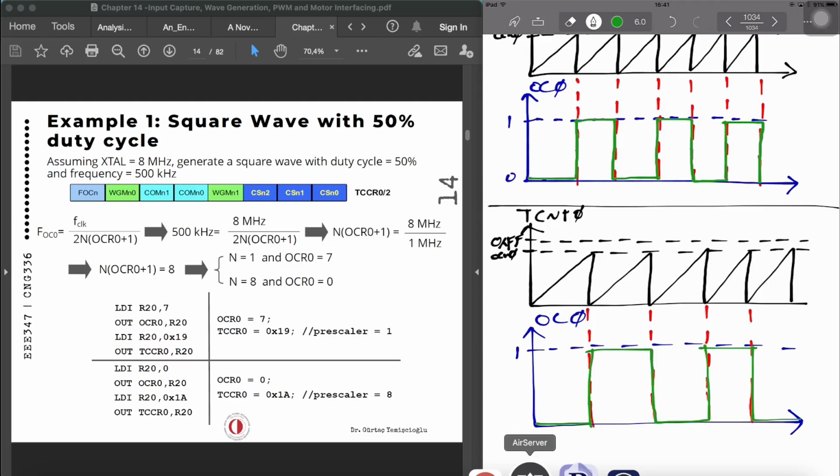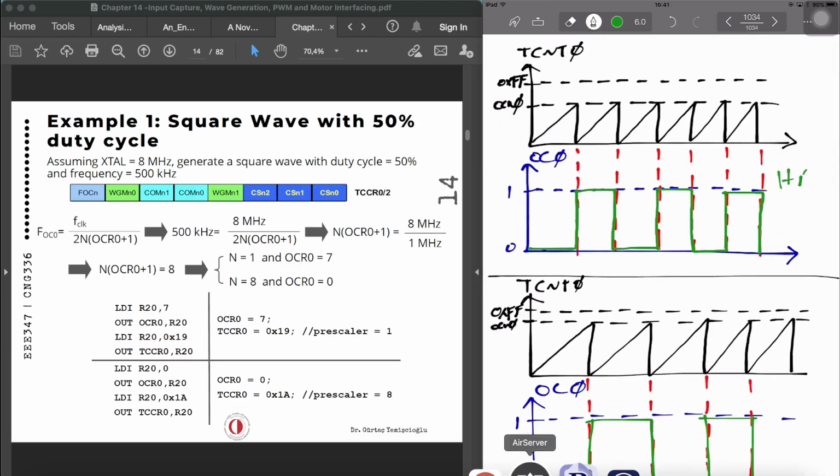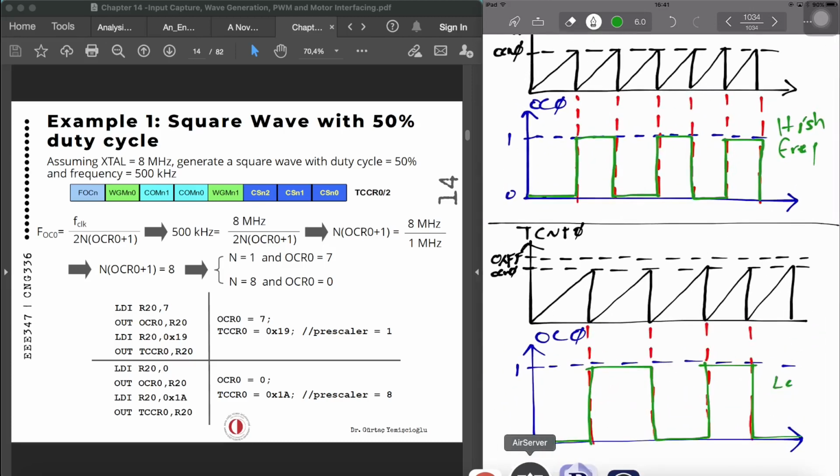So when the OCR has a higher value, compare match occurs later, and the period of the wave is longer, so we have a lower frequency. So this is a high frequency. This is low frequency when OCR is higher. So it's like an inverse proportion. Now, please also note that when the compare match occurs, the timer value will be set to 0, okay? And it will restart.